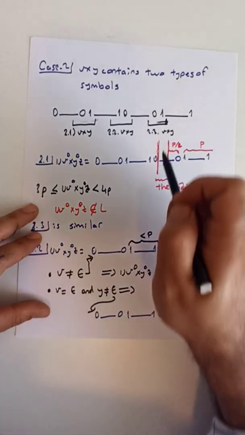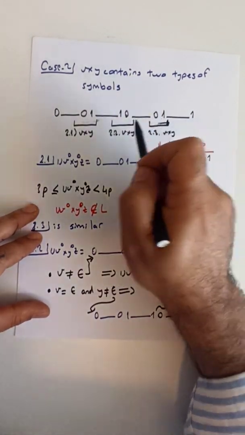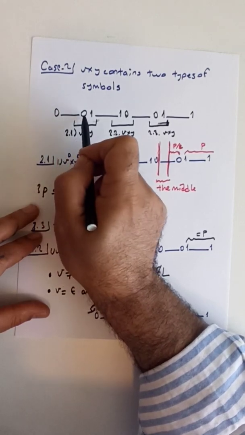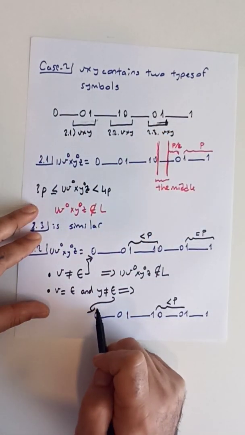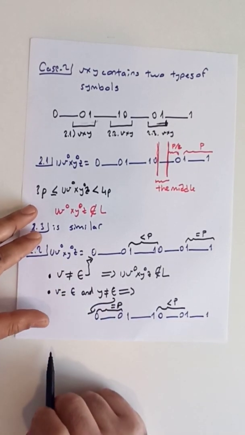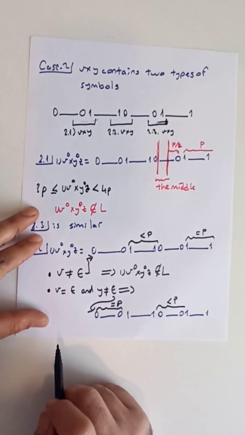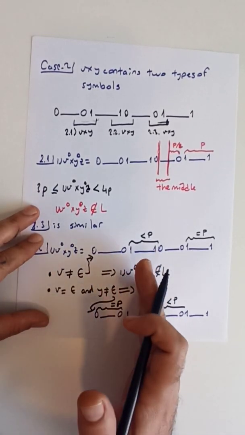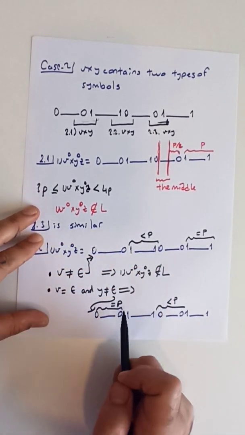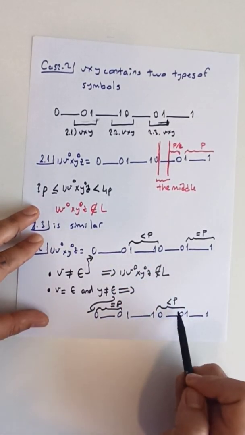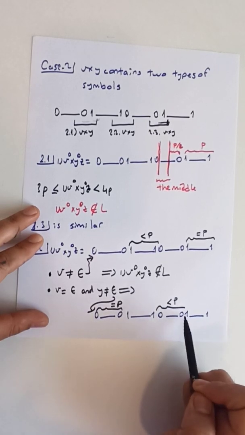And since vxy belongs to this range, we didn't do any modification on the number of zeros at the beginning of the string, so this will still be equal to p. If we consider the new middle of the string, somewhere here, on the left half we will have exactly p zeros, whereas on the right half we will have less than p zeros.